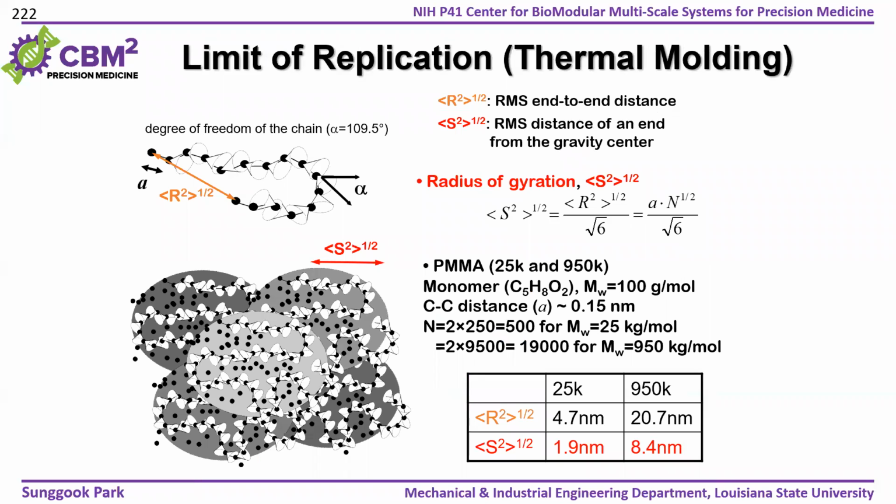Now let's briefly think about the resolution limitations for thermal molding. This represents a single polymer chain. A is the length of each repeating unit of the polymer. R squared is the RMS end-to-end distance, from here to here.